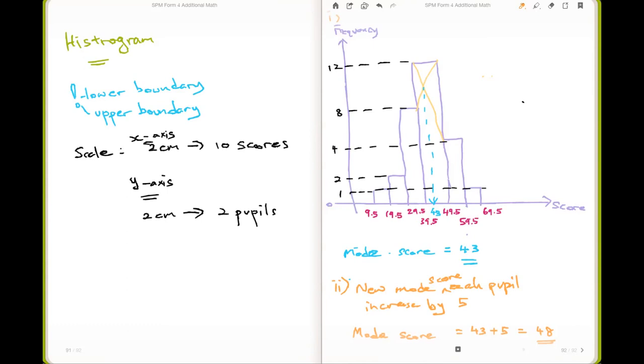Okay, this is one of those examples of grouped data from SPM paper 2. It won't run far from what I've shown you. The pattern is always histogram, mode, mean, interquartile range, quartile, and so on.